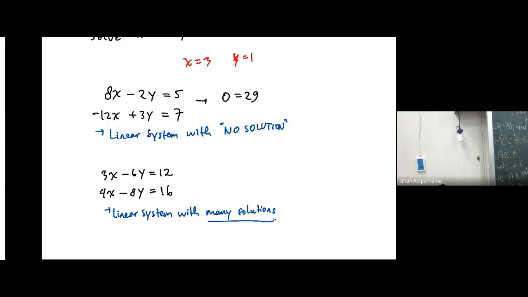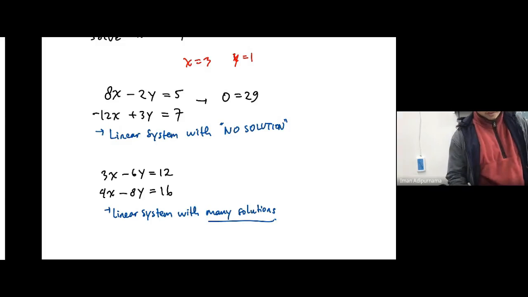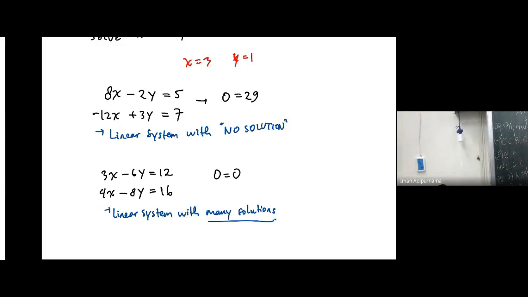And if you are trying to solve this, maybe multiply this by 4, this by 3, 12, 12, 24, 24, 48, 48, right? And if you try to eliminate this, it all becomes 0. So if this happens, it has many solutions. If this happens, no solution.